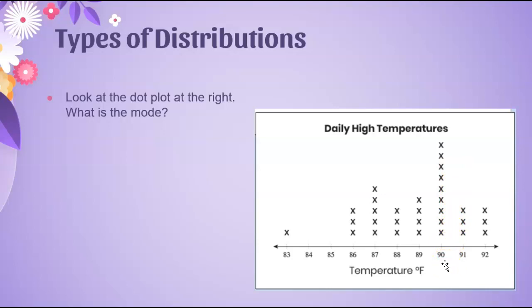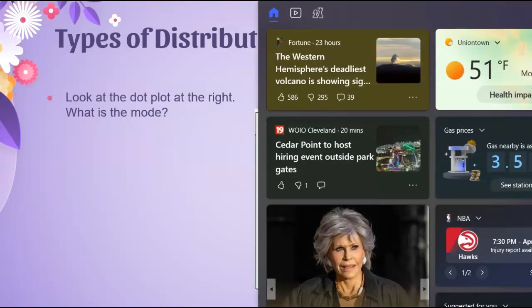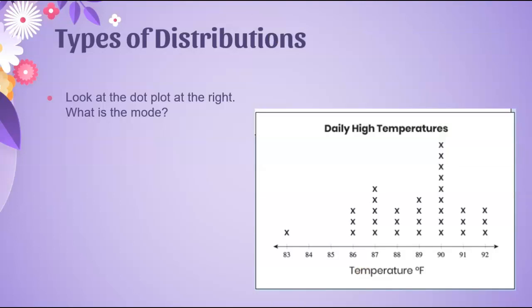Remember when we would write out our data set, we would have an 83, 86, 86, 86, 87, 87, 87, 87, 87. So each one of these x's represents a data value. You can quickly look at the dot plot and see that the value of 90 has the most data values. So our mode would be 90 right here.